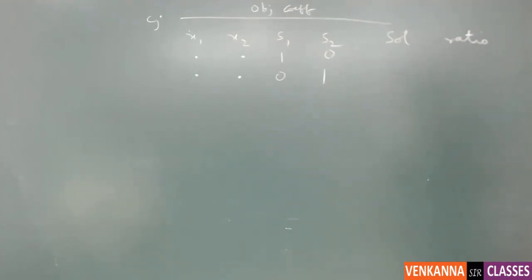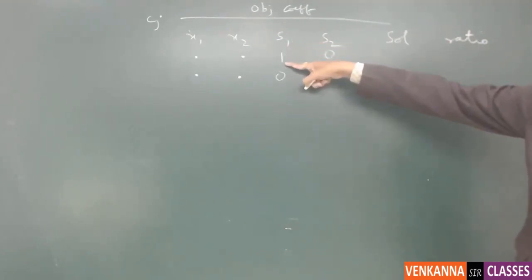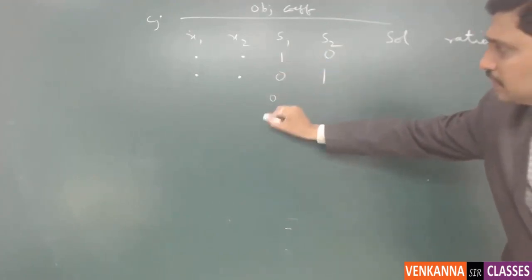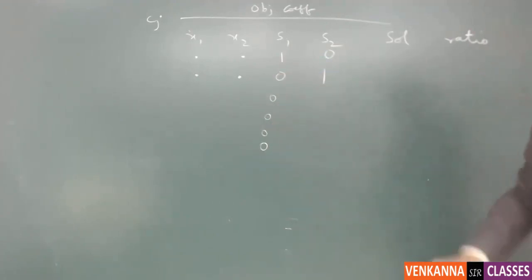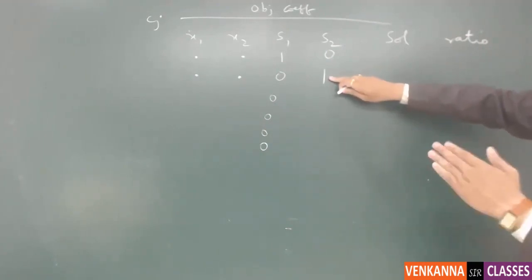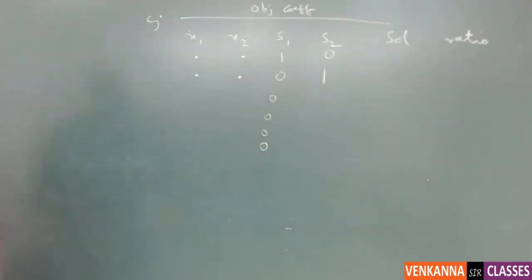So these S1, S2 I am calling basic variables. The definition is given as: a variable is called basic if it has coefficient 1 in one condition, and in all the other conditions its coefficient is 0. Similarly, S2 in one condition its coefficient is 1, it is present, and in all the other conditions its coefficient is 0. That is about the basic variables. Clear now?